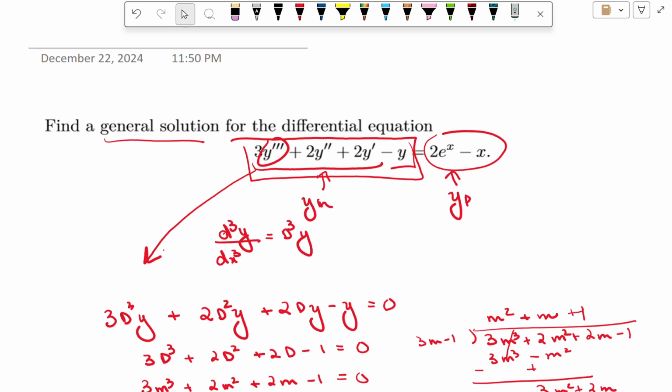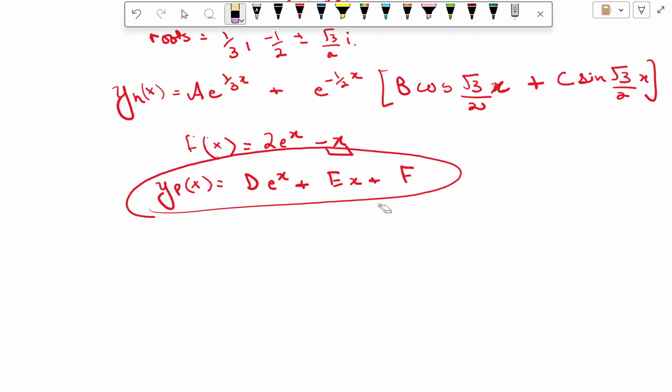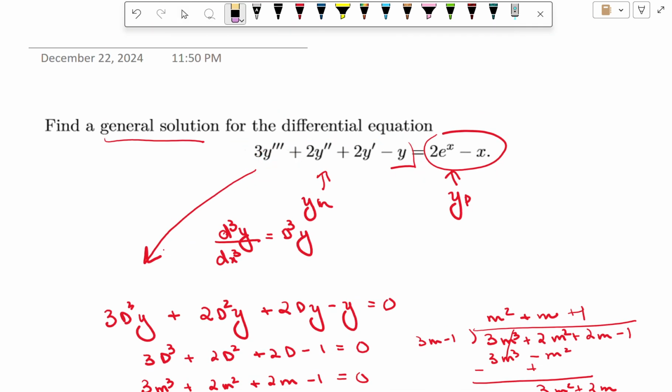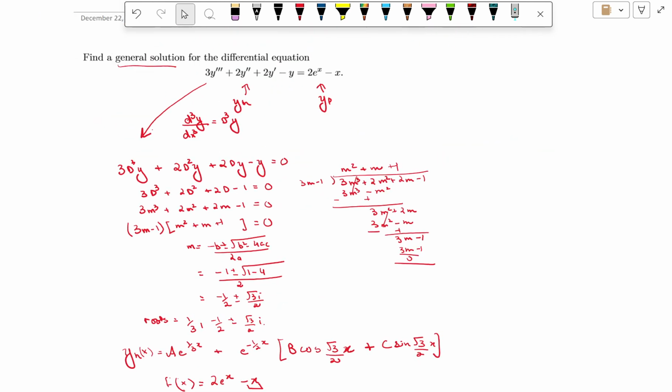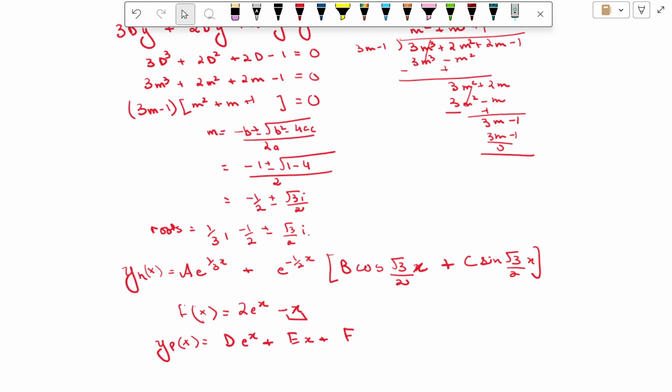Now they are not only asking for the form of the particular solution, but the general solution. So we need to find D, E, and F. That we will find out by putting it in the original differential equation. So this is our equation, and we need to find the third derivative of this y.